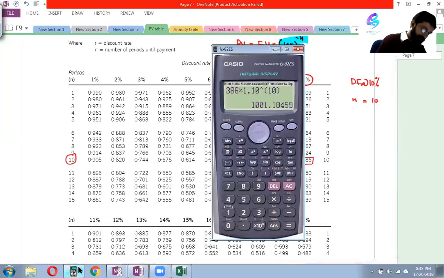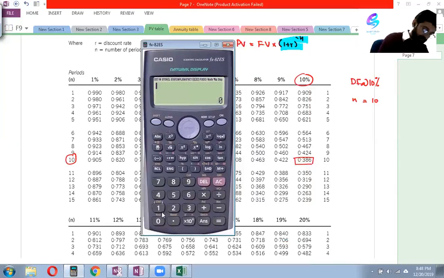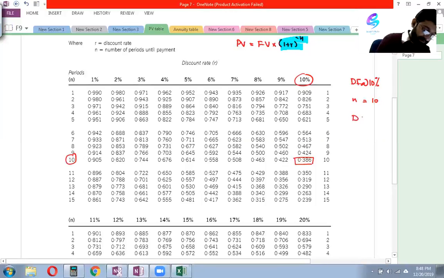0.386. If you want to use it in the calculator, you can do 1 plus 10% raised to the power minus 10, which will give you 0.386. That's the reason I was rounding it up to 3 decimal places, because the table that you're going to get will also be rounded up to 3 decimal places. Let's say, for example, we have the discount factor at the rate of 5% and the number of years is 7.